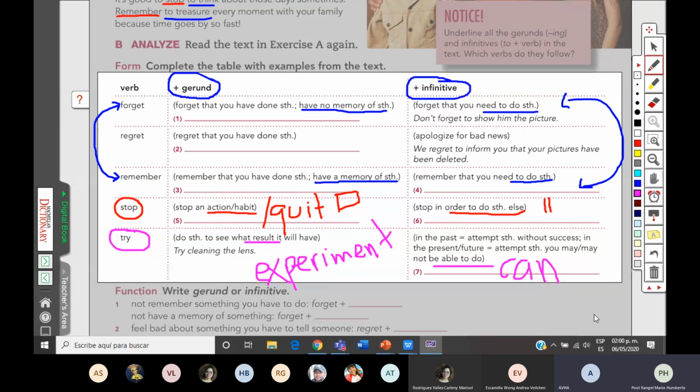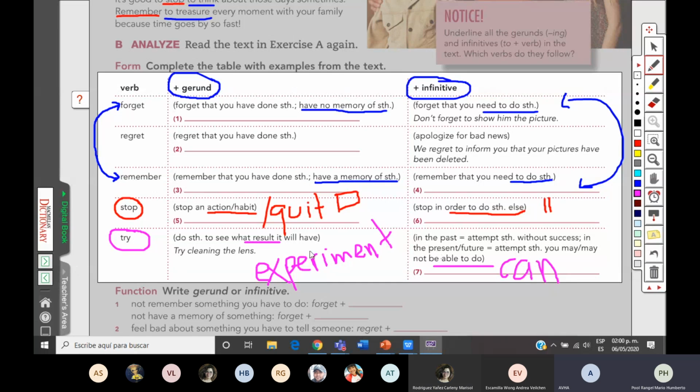Let's see if you can. ¿Sí? A ver si tú sí puedes, que yo no puedo. So try to open the window. Okay? Like, okay, try to fix my cell phone because it doesn't turn on. Entonces, a ver si puedes. Y este es pues a ver qué pasa. A ver qué sale. Okay?